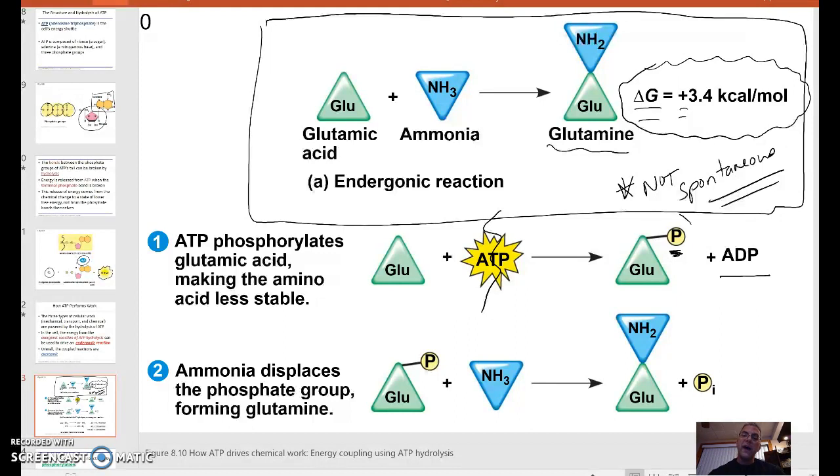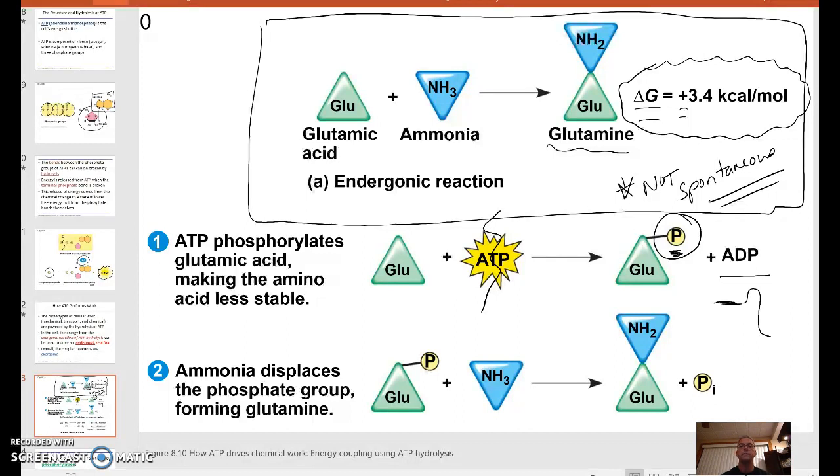Now, when the phosphate attaches to the glutamic acid, it puts it in a condition of less stability. When we have a less stable molecule, it's like what we talked about before: when you have something at a higher point of instability, even if you have to overcome the activation energy, it will be favorable to progress towards an area of greater stability.